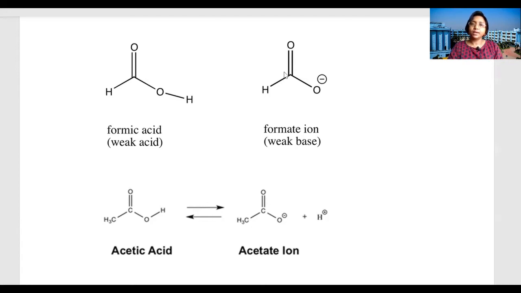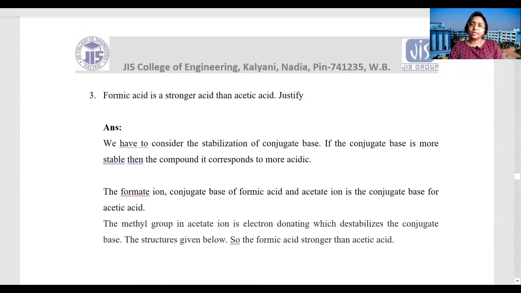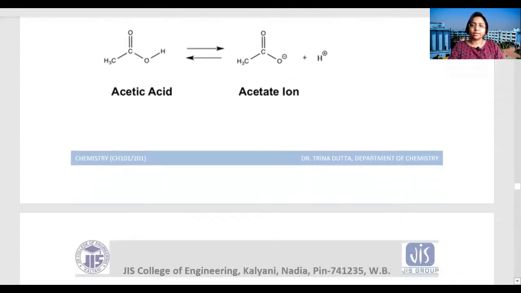Due to the plus I inductive effect, the methyl group gives electrons to the carbon, and as a result the electron density will be increased here. So it becomes less stable. So what is your answer? The answer is that formic acid is a stronger acid than acetic acid. So you can justify acidity and basicity by the electronic effect.